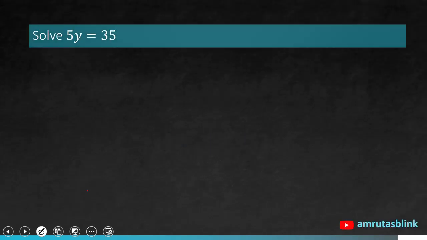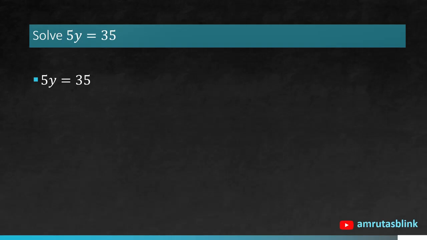Example 12. Solve 5y is equal to 35. Here y is multiplied by 5, which is equal to 35. What is the opposite operation of multiplication? That is division. So in order to cancel this 5, we need to divide both the sides of this equation by 5.